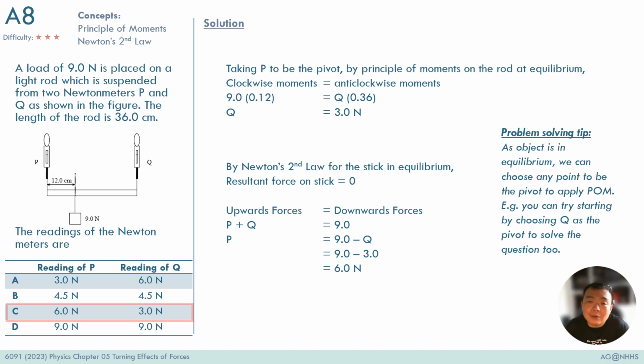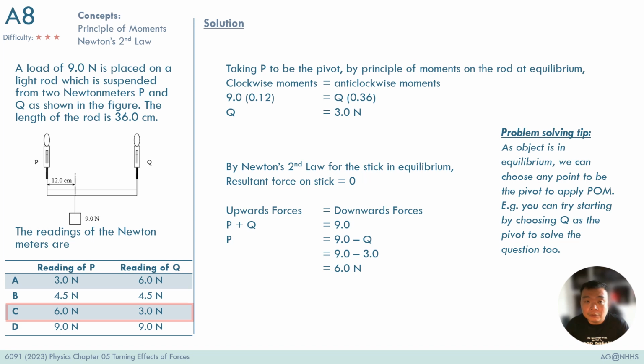After all, a pivot is a point that doesn't rotate, and if the whole beam is at equilibrium, it doesn't move, it doesn't rotate. Most of the time it stays stationary. So we can easily just choose any of the points to be a pivot point, and that is exactly what I've done. I've chosen P as the pivot point.